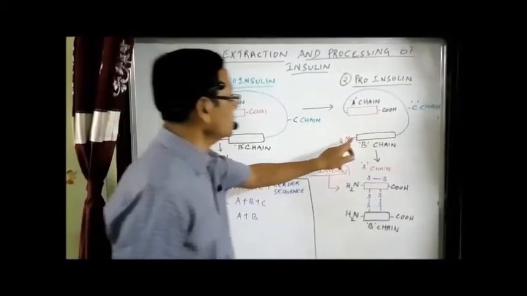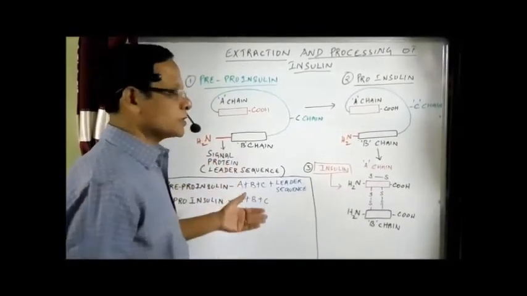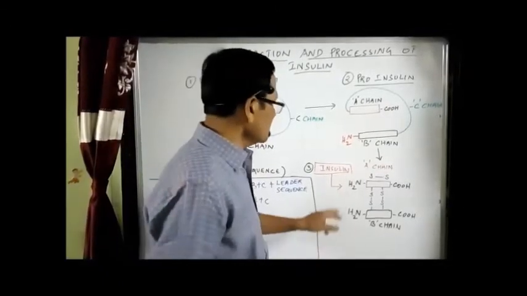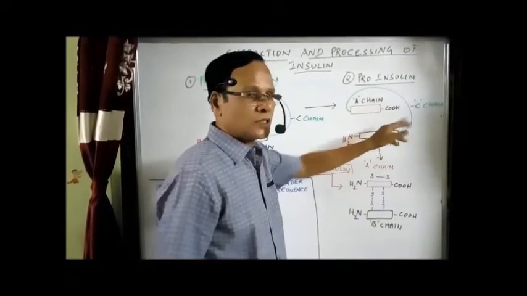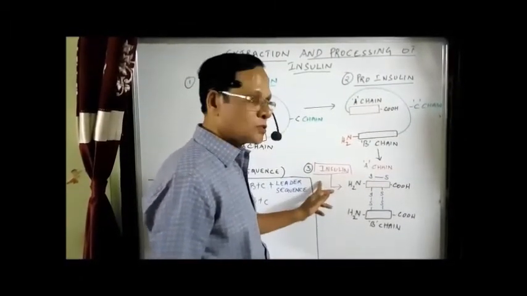I removed the leader signal, the sequence known as the signal protein. Once the C chain has been removed, excised by a process, we receive the insulin hormone.